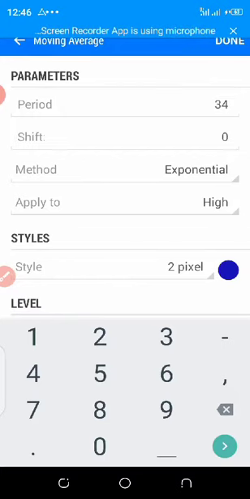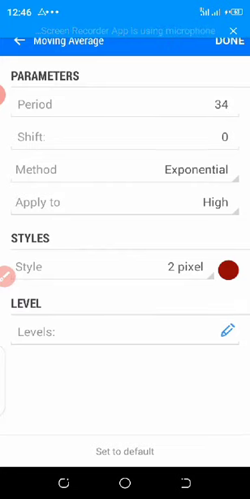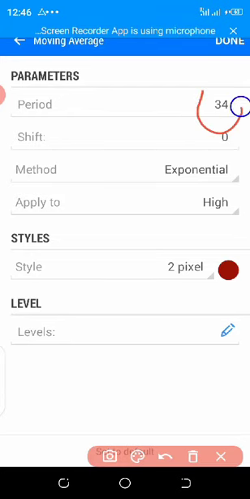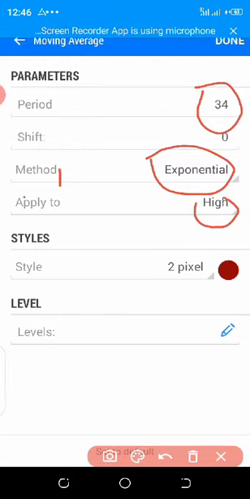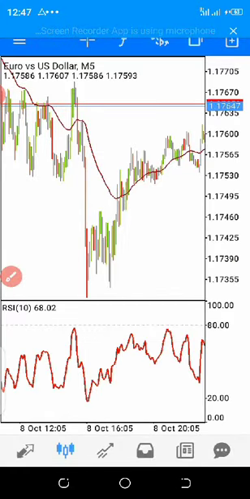The color here, you change it to red. The period 34. Method exponential. Apply to high. Color red. Then once you are done, you click this. Done. As you can see, there's a moving average on my chart.